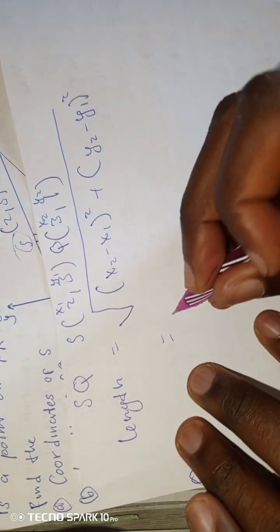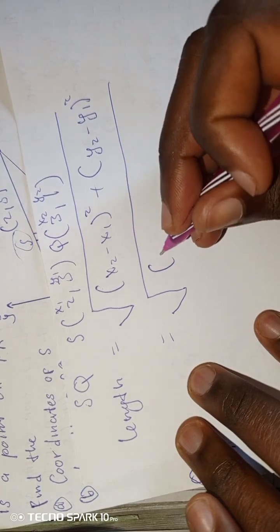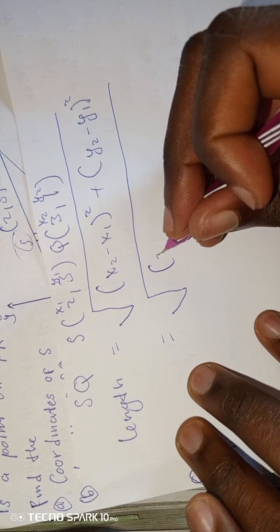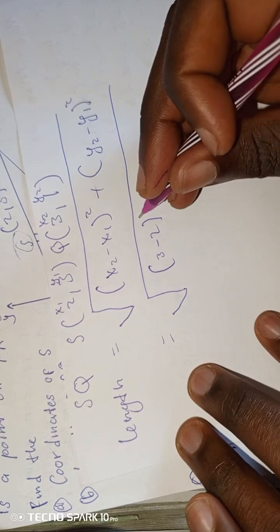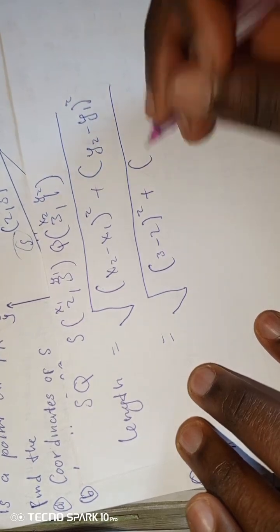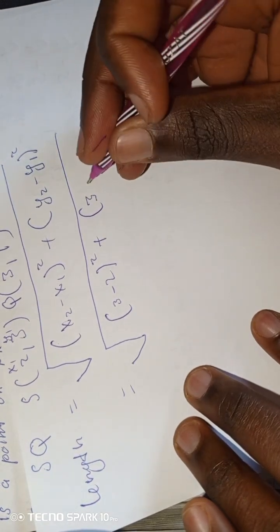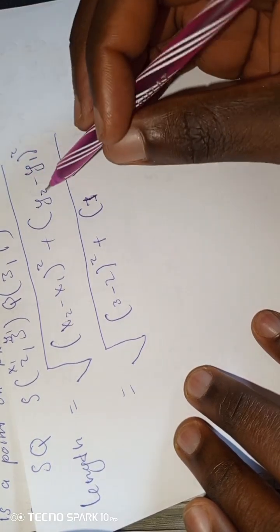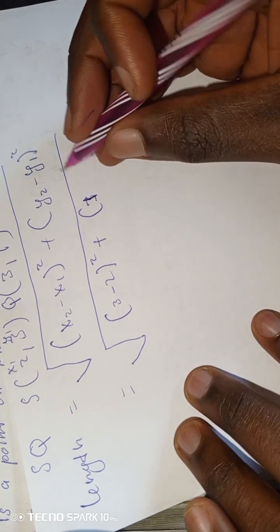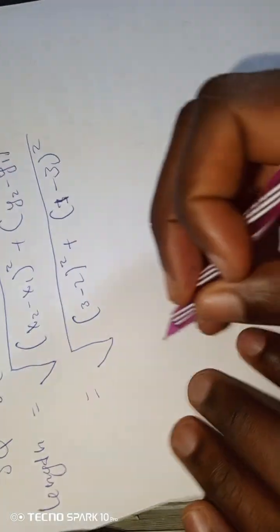So this is my x1, my y1, my x2, my y2. Then here we have my x2, it's 3, minus my x1, which is 2. Then we square, plus my y2, it's 1, minus my y1, it's 3, then you square it.